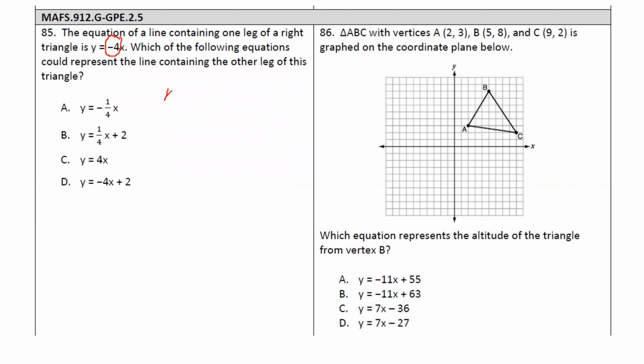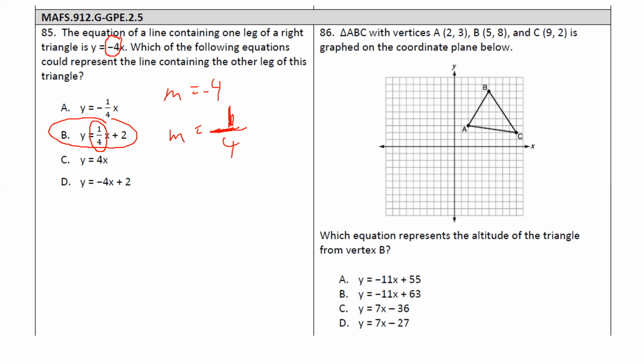So if the original slope was -4, opposite reciprocal would have to be positive 1/4. So how do I get positive 1/4 on any of these? It is option B. It's the only one that has the correct slope.